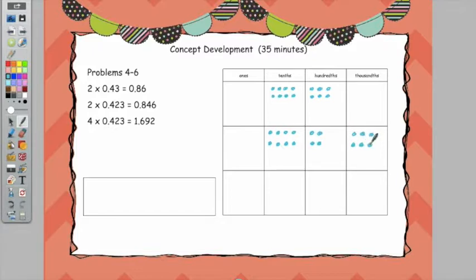And if you count your dots in each box, do you have 846 thousandths? Yes. Okay. So now, how's this next one different? There's 4 copies. So can we just add 2? Yes. So add 2 more copies in each. Hey, I should have done copy and paste, shouldn't I?